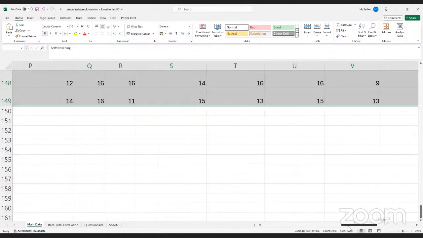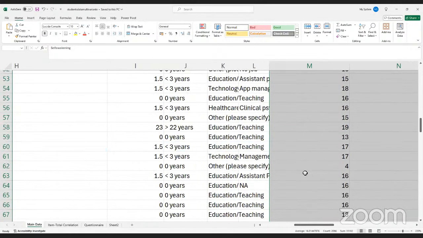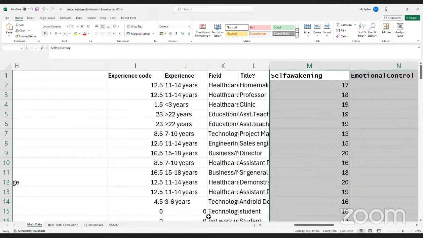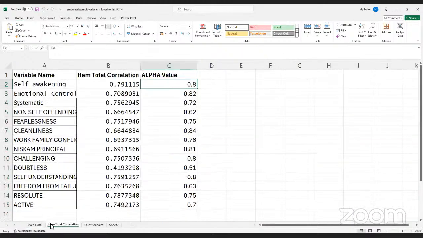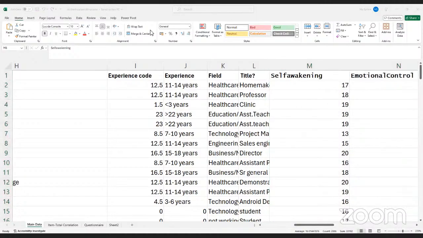So total there will be 70 items, and after item analysis and based upon the Cronbach's alpha, we have reached a certain number of items for each domain, and then here you will get the sum of the items, or the total score.